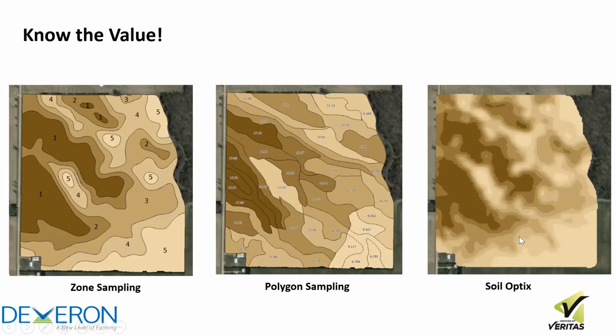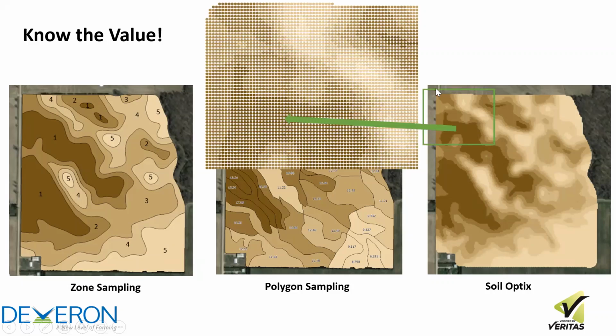And then we get to the soil sensor type approach, where the amount of soil that goes to the lab is low, but because the sensor is collecting things and the computer generates the model, you get, just in this green square that I'm showing here on the screen in the large section, each one of those dots is actually a recorded point.